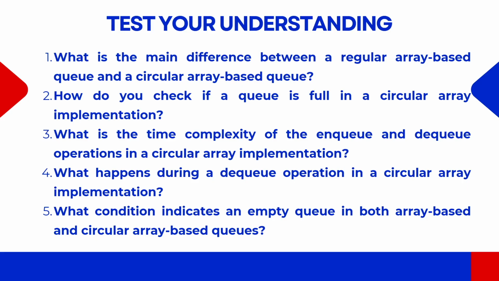Let's have some questions to test how we have understood the concepts of queue with both implementations, namely array and circular array. First is, what is the main difference between a regular array based queue and a circular array based queue? The main difference is that in a regular array based queue, front always points to the 0th index and rear advances by one position as more elements are added, and whenever we remove an element from the queue, we advance front by one.